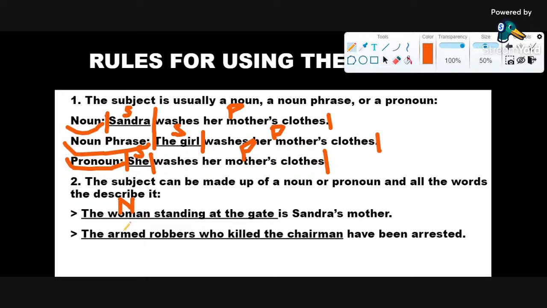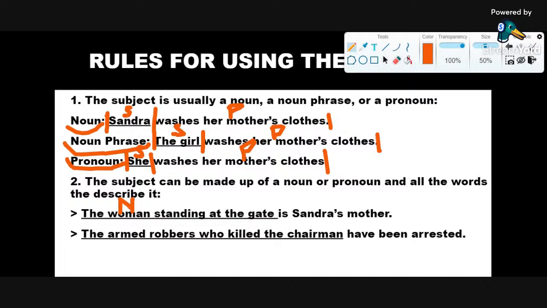The entire subject is a noun phrase, and it includes the noun and all the words that describe the noun. The is a determiner, a definite article, and it's telling us something about the woman. It's describing the woman.